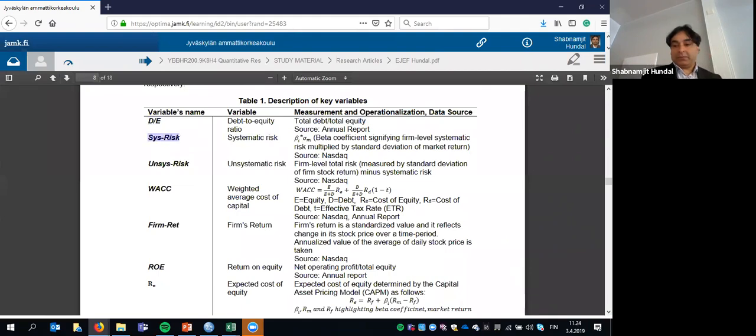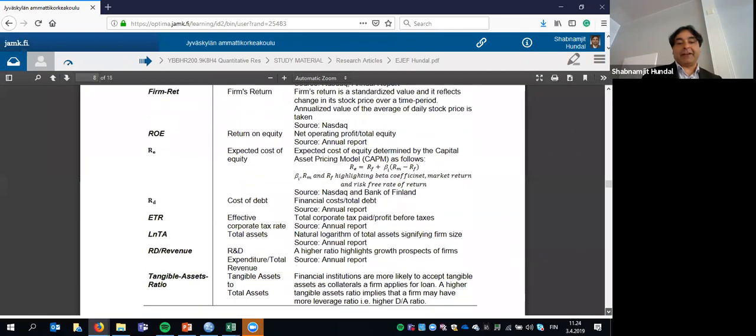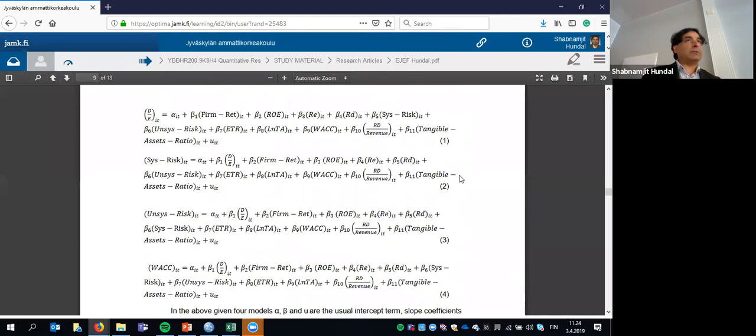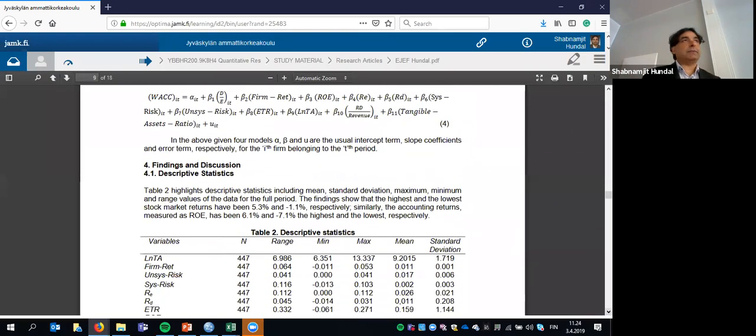So this is the description of the variables. And then I make the models, regression models. Don't get scared, nothing to worry about. This is very simple. So I put the regression model and that's it.